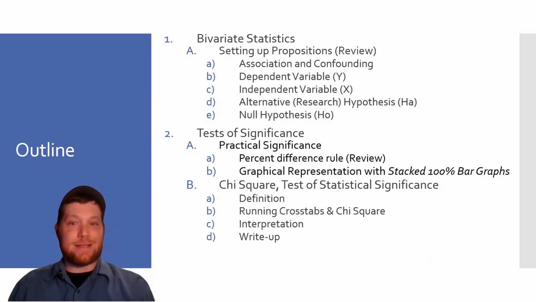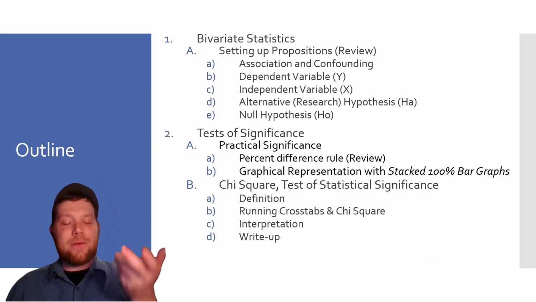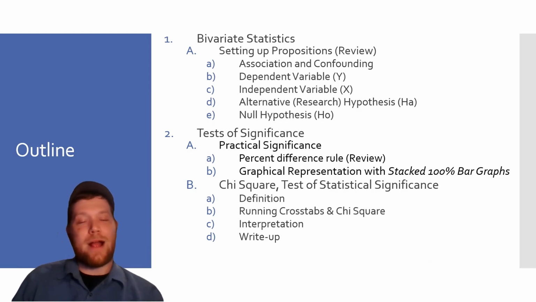The chi-squared test is now the new test of statistical significance that we're going to add, another level up in the professional game, and really start to hone in on establishing that we know what we're talking about when we see that relationships exist from a statistical and practical standpoint.